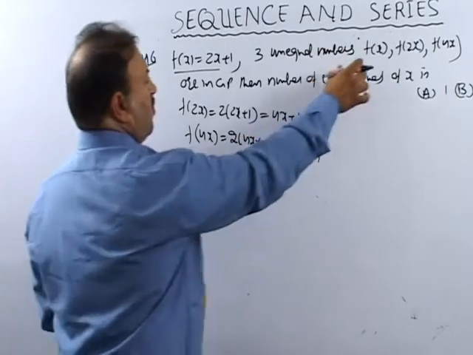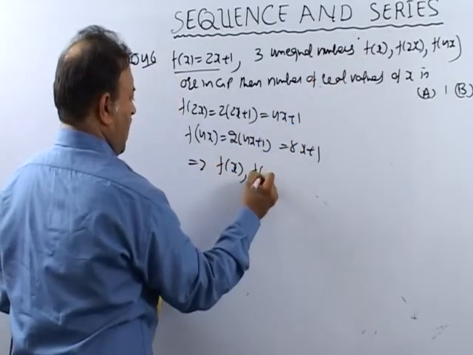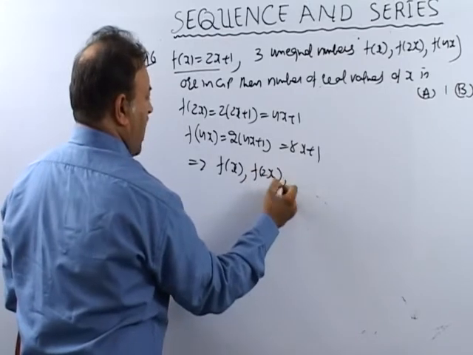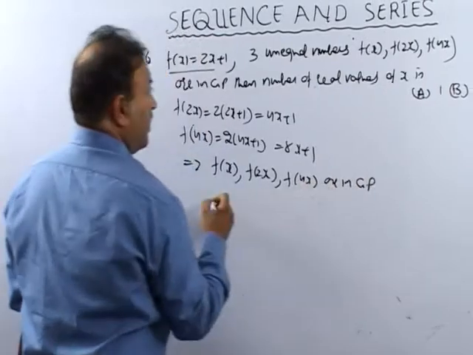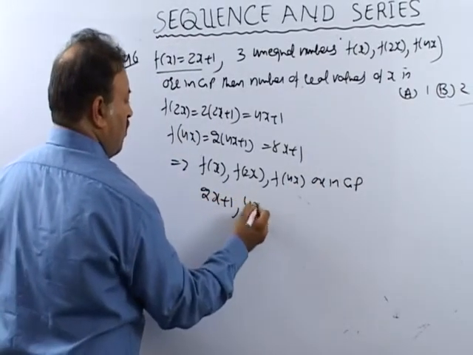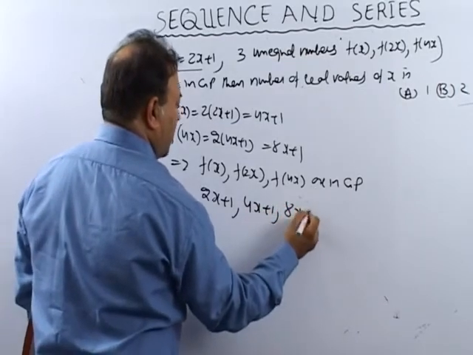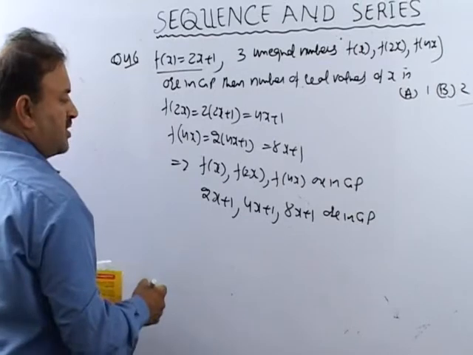Now three unequal numbers are in GP. That means fx, f2x, f of 4x are in GP, so 2x plus 1, 4x plus 1, 8x plus 1 are in GP. What does that mean?